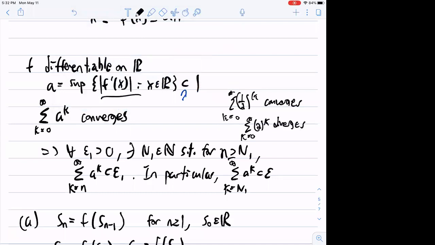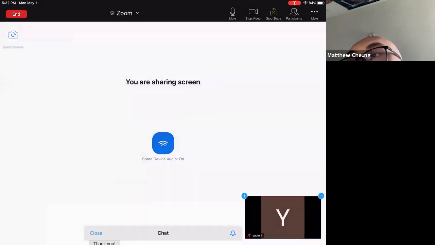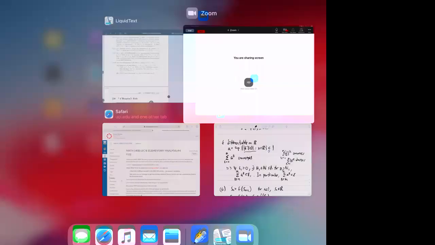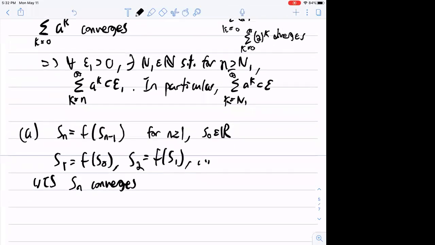I'm just using the fact that it's some number between 0 and 1. But yeah, okay, back to the question. How do you show a sequence converges if you don't know what the limit will be?